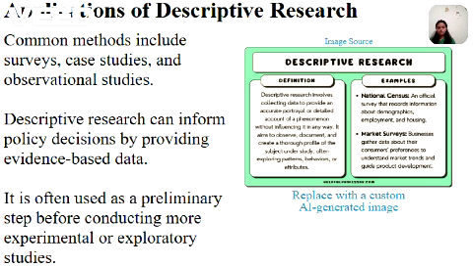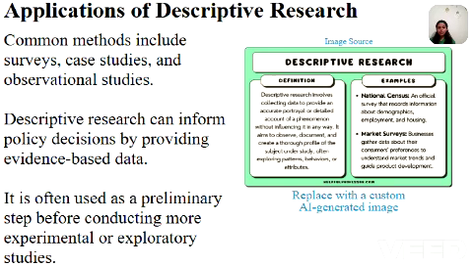Often, this includes market research, where businesses use descriptive research to understand consumer preferences, buying habits, and market trends. Next comes public health, where it plays a crucial role in tracking the prevalence of diseases, health behaviors, and outcomes within specific populations.